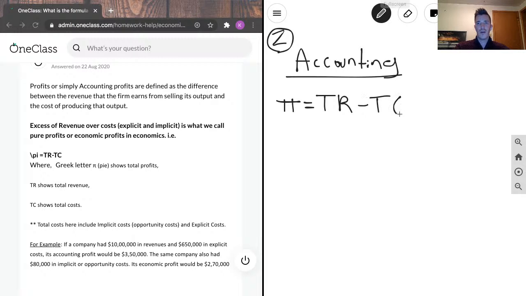And here the total cost is just made up of explicit costs. So that might be like the fixed cost that it takes to run the business, and the variable cost is the cost that comes with every unit sold.